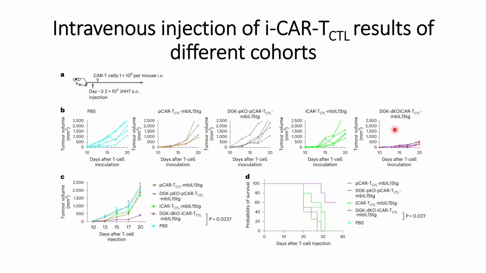But in the case where they use both combinations, that is DG kinase knockout, DGK alpha and DGK beta, and the addition of interleukin 15, it results in high tumor suppression, as can be seen here. In panel C, we see the combined results of different cohorts, and we can see that in the double combinations we are able to see the lowest tumor volumes.